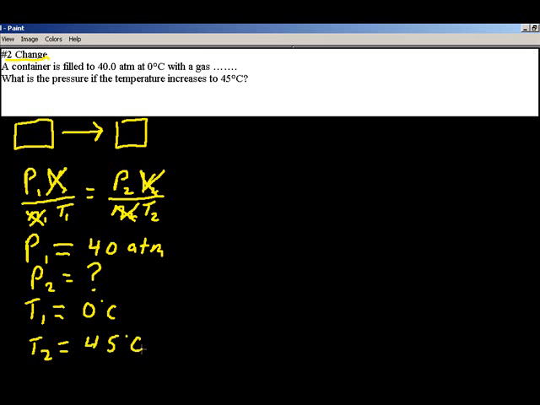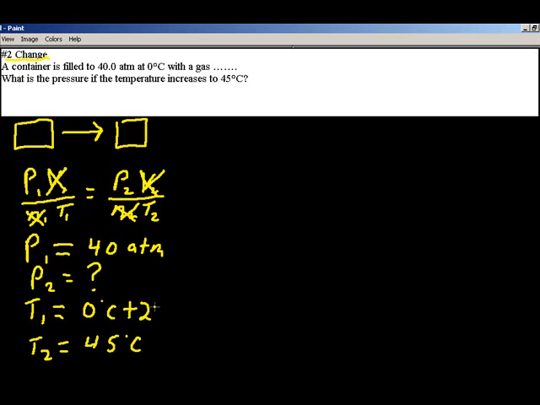See, now we're going to get ourselves into trouble. We're getting ourselves into trouble because we need to change the temperature into Kelvin. Because if I keep it in degrees Celsius, I already can anticipate that that's going to zero everything out. So in fact, I can't use my shortcut.